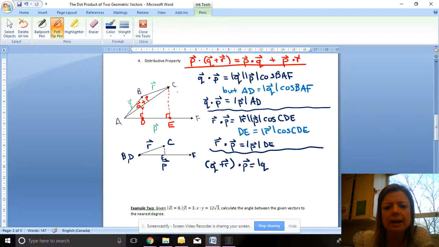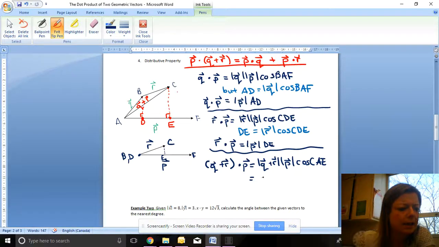So this is the magnitude of Q plus R times the magnitude of P times cos CAE. Now, using similar logic up there, I'm just going to replace Q plus R and cos CAE with AE. So I can rewrite this as the magnitude of P times AE. Okay, that's using the same logic as up there.